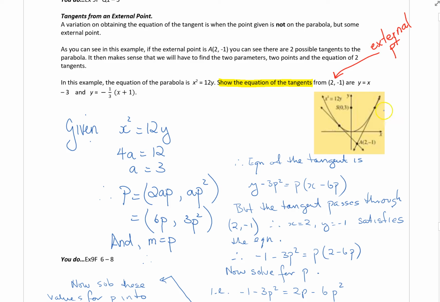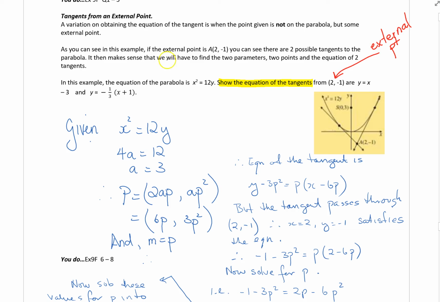So we'll be hoping to create an equation in P that I will then solve, and hopefully it'll be a quadratic equation, because it will give me the 2 options for P, and the other one I would call Q. So this parameter P would give me 1 point, 2AP, AP squared, and the second parameter would give me my second point, which I could call Q, and my point would be 2AQ, AQ squared.